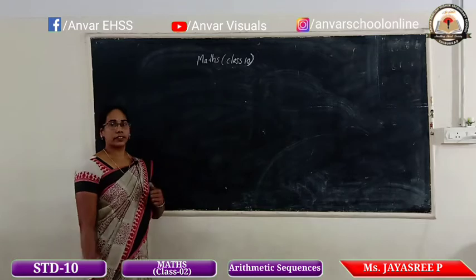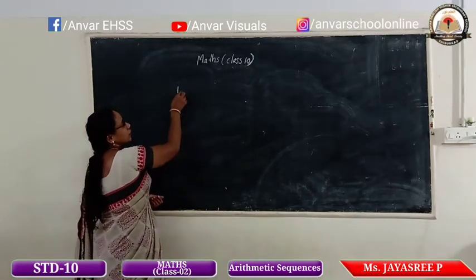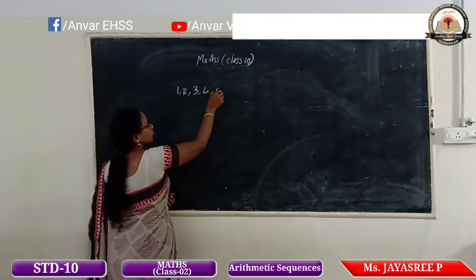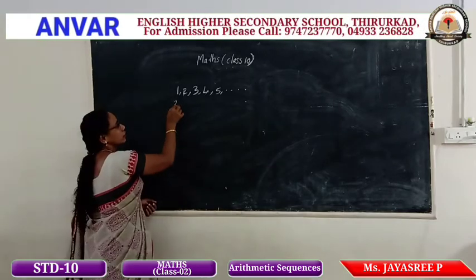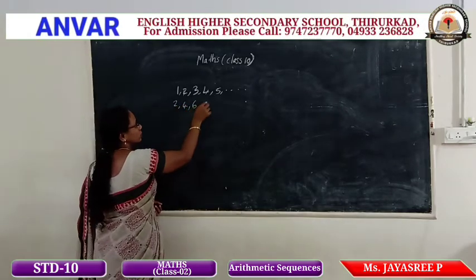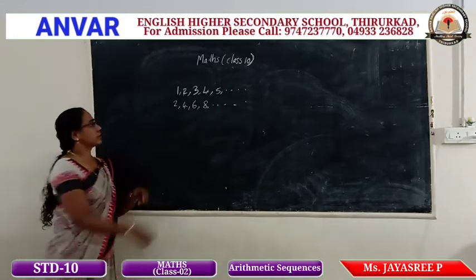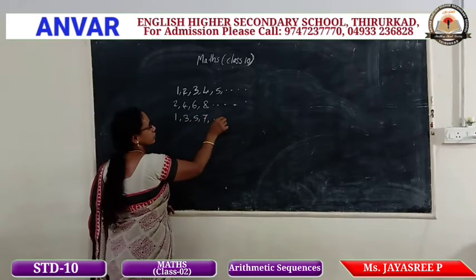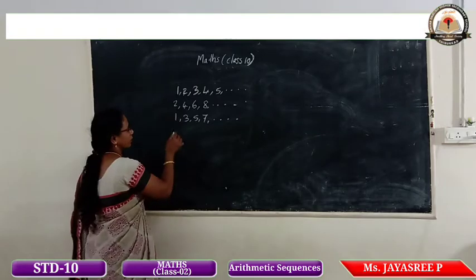Which are the number sequences that we have learned from the last class? 1, 2, 3, 4, 5, etc. are natural numbers. 2, 4, 6, 8, etc. are even numbers. 1, 3, 5, 7, etc. are odd numbers.